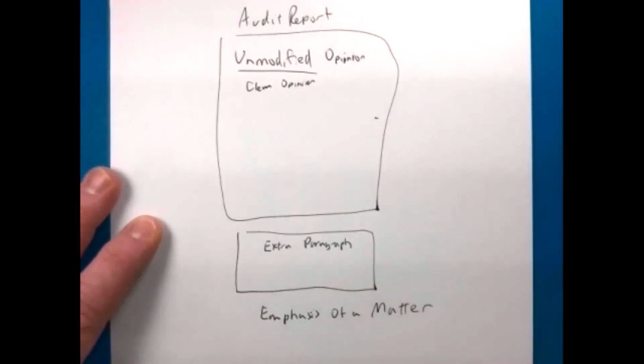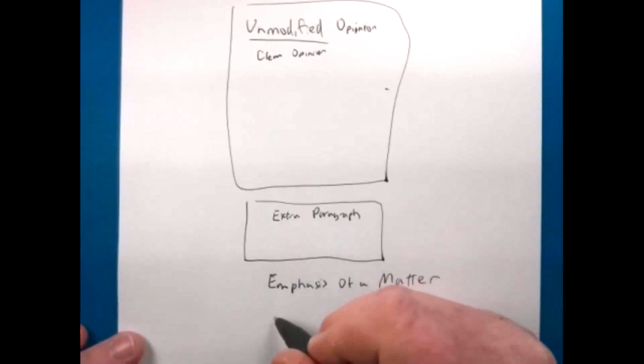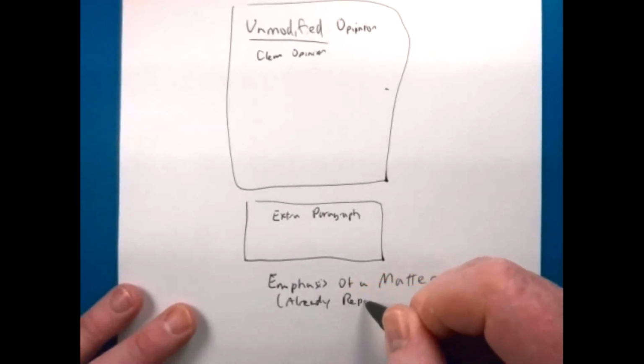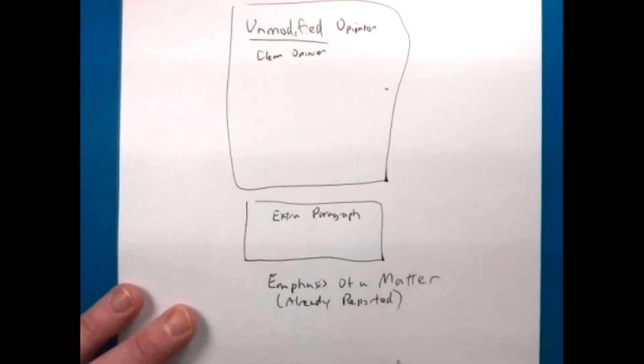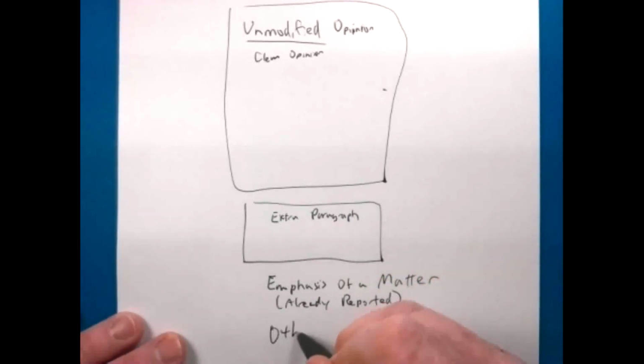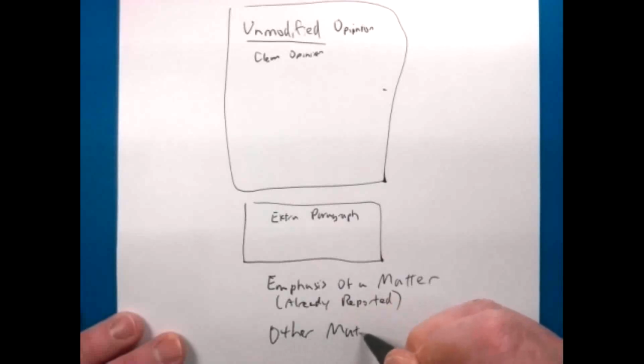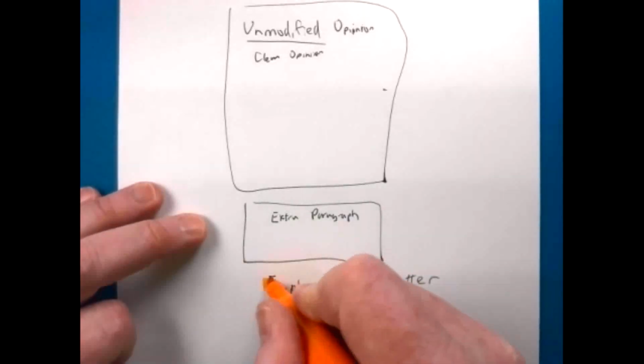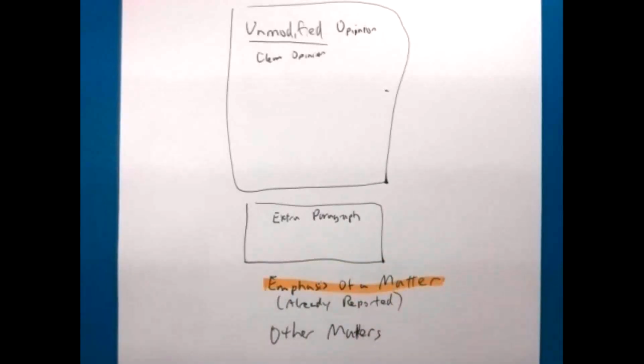Emphasis of a matter. This is something that's already reported. And then there's other matters. Other matters are things that the CPA firm, the CPA has control over.